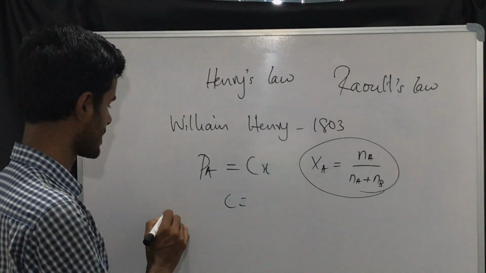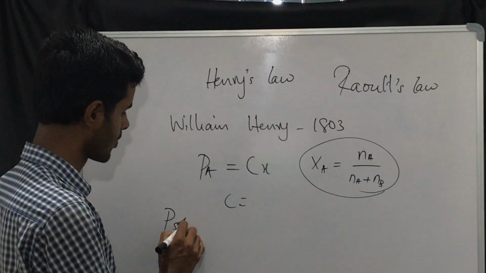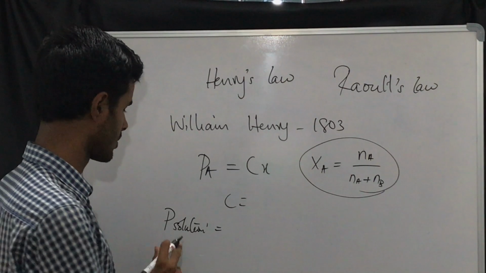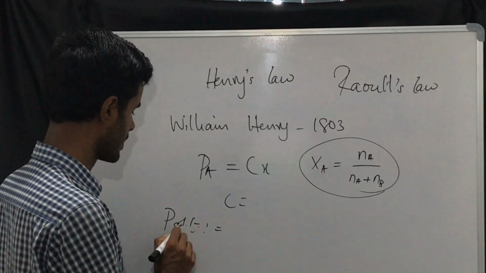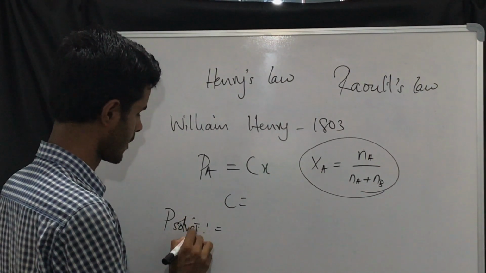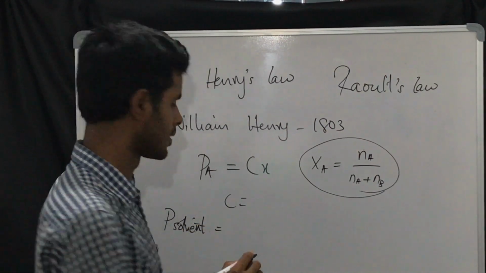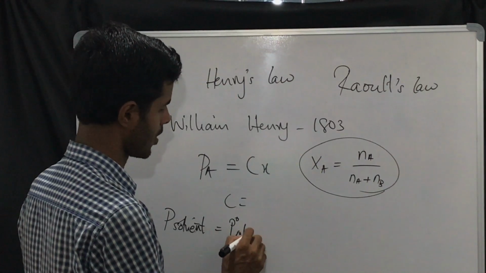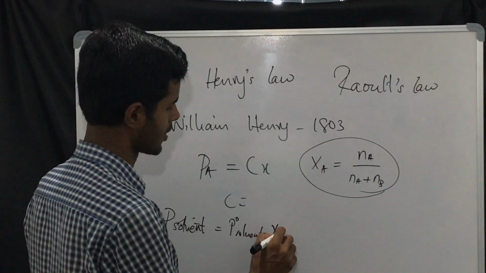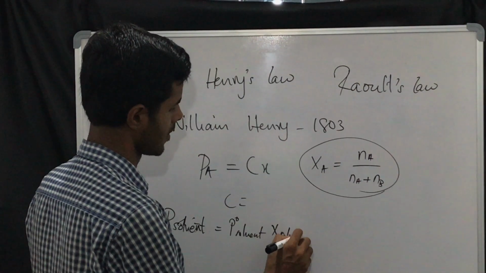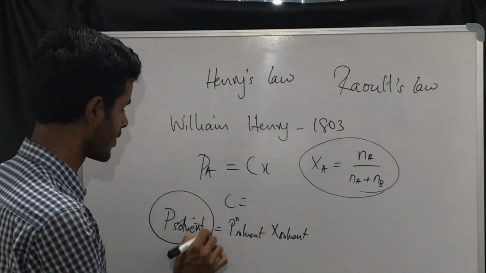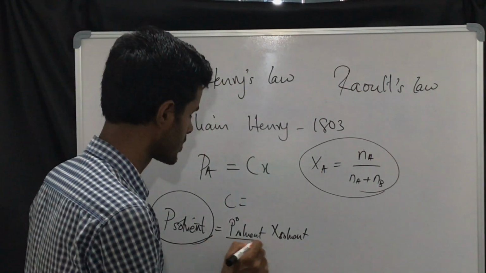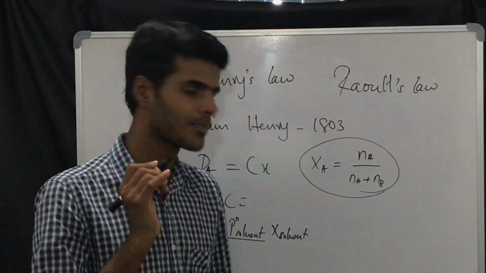We have discussed that the partial pressure of the solvent is equal to P0 solvent times the mole fraction of solvent. So this is the pressure of the solvent exerted in the solution, and P0 solvent is the pressure of the solvent in its pure form.